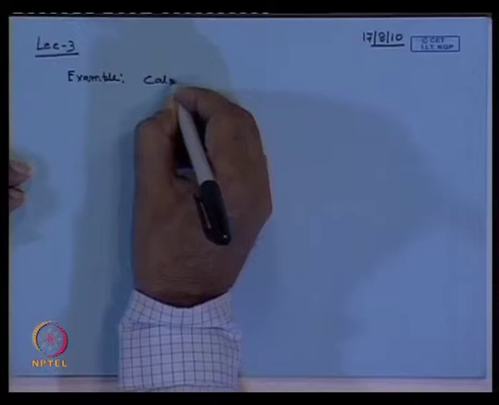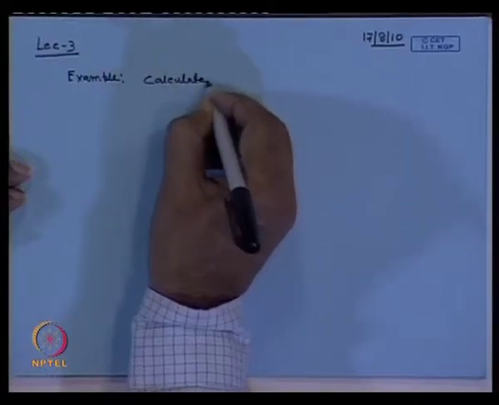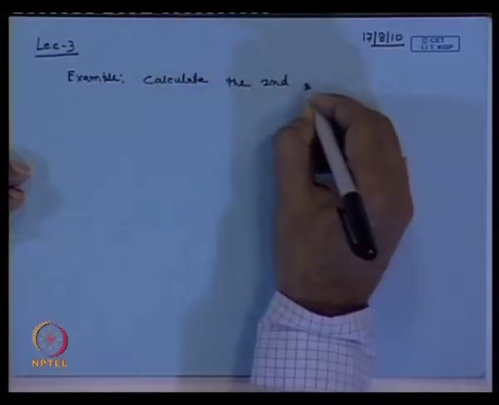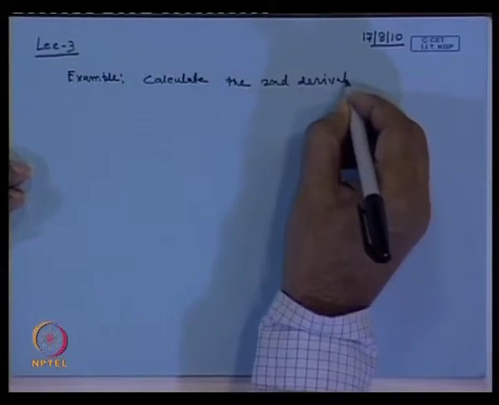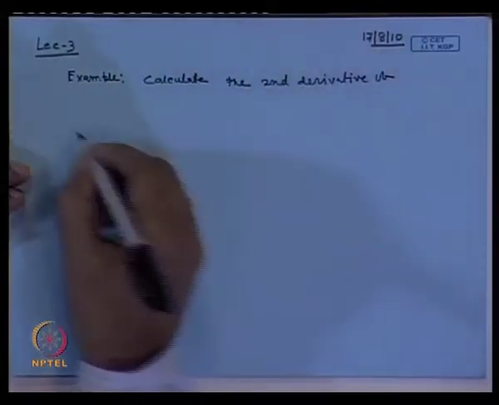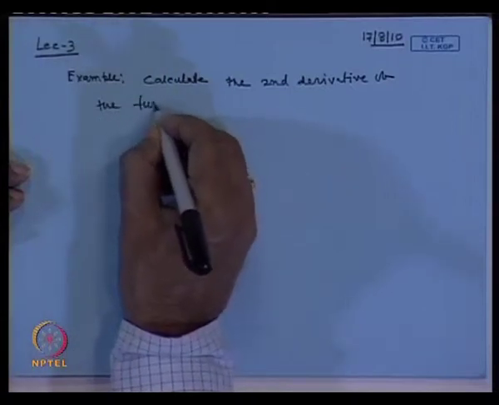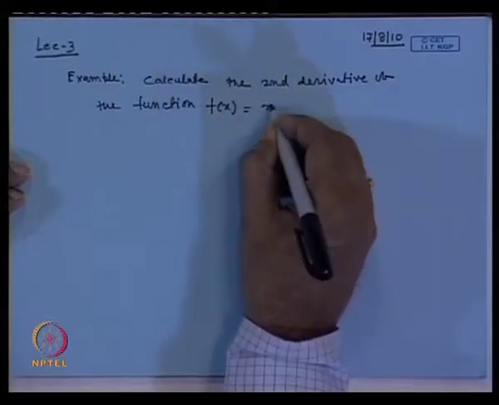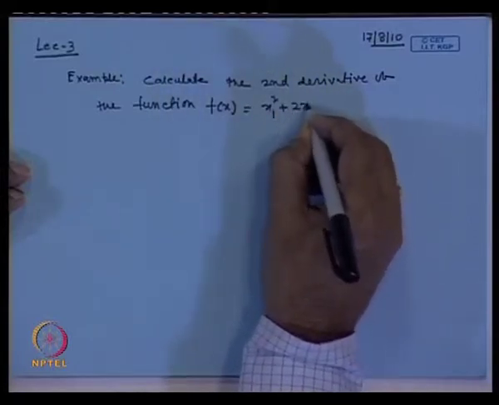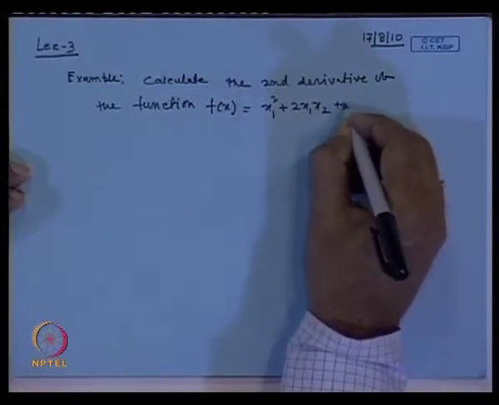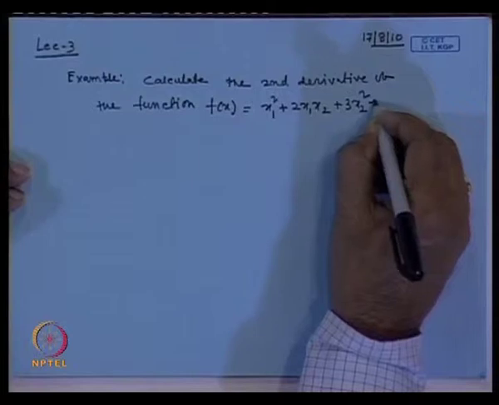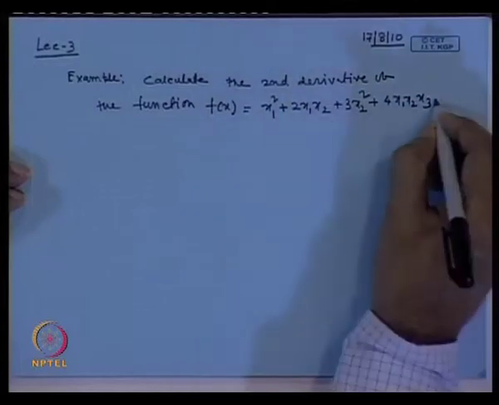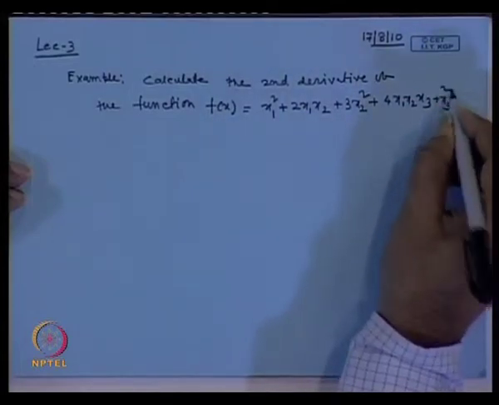Calculate the second derivative of the function f of x is equal to x 1 square plus twice x 1 x 2 plus 3 x 2 square plus 4 x 1 x 2 x 3 plus x 3 square.